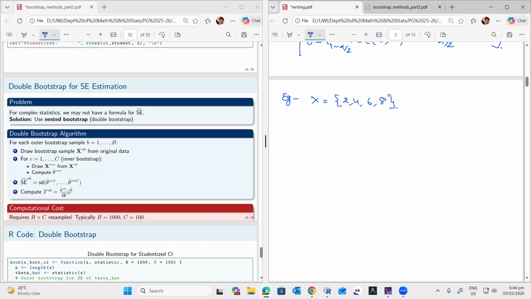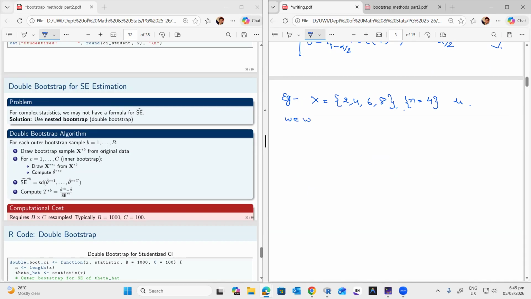This is our sample, so here n is 4. We want to construct a 95% double bootstrap, or nested bootstrap, confidence interval for the population mean mu.